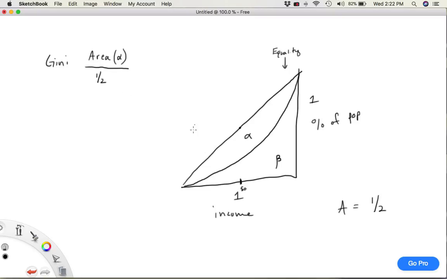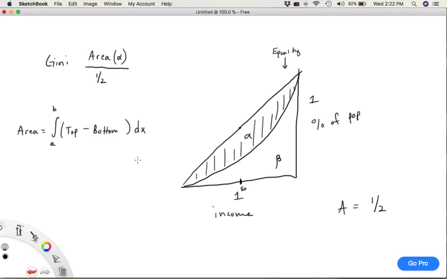Then you might ask, how do we find the area of this curved piece? That's a great question. It's going to be an integral. The area between two curves is something like this: the integral from a to b of the top function minus the bottom function times your dx.